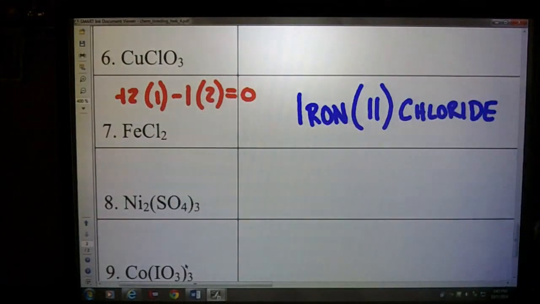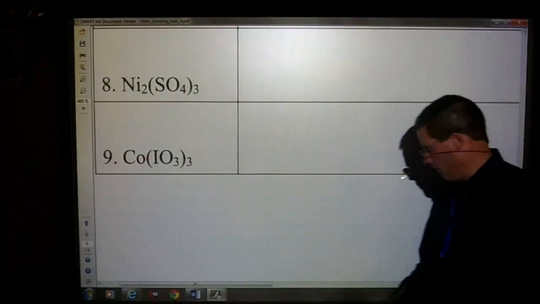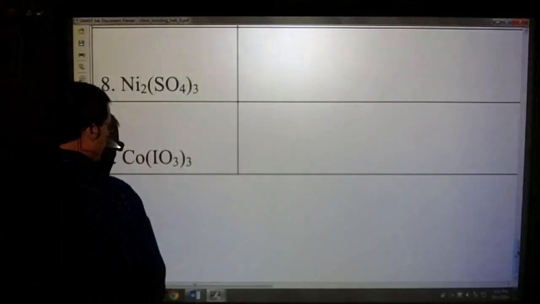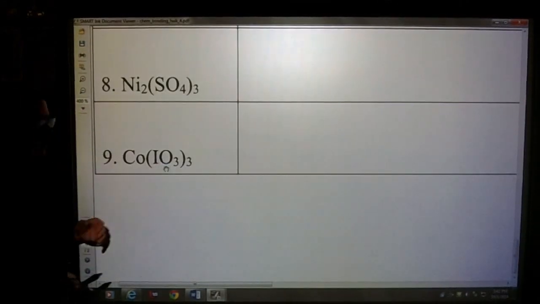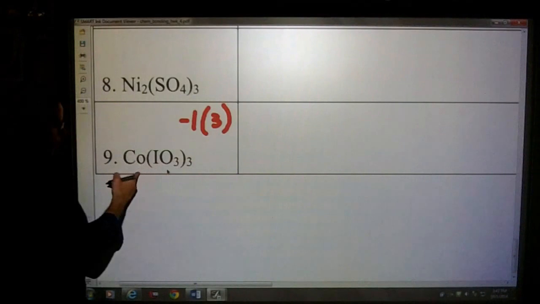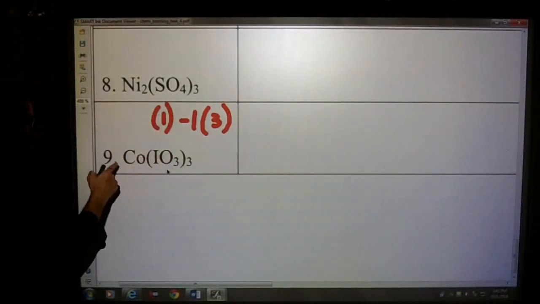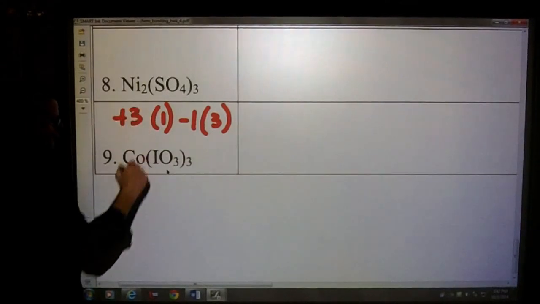All right, let's look at number 9. We know our polyatomic, iodate, which has a -1 charge. And we have 3 of those. How many cobalts do we have? Just 1. So therefore, the charge on the cobalt must be +3.